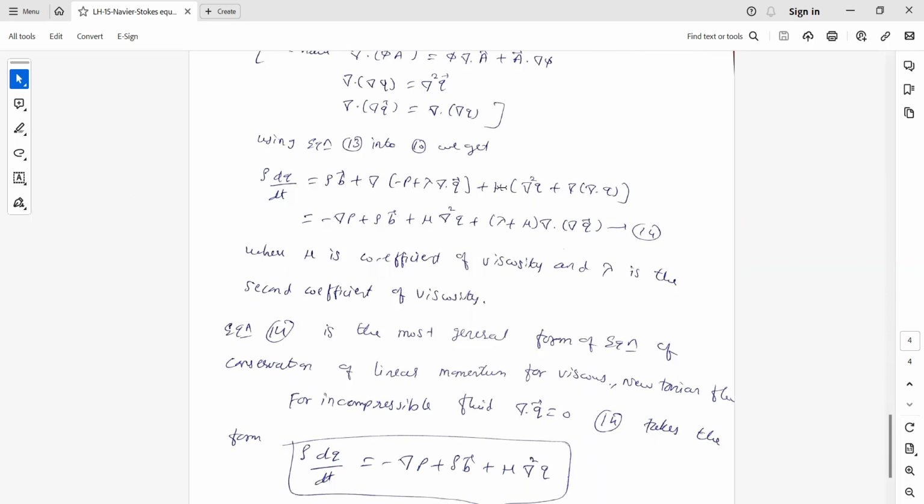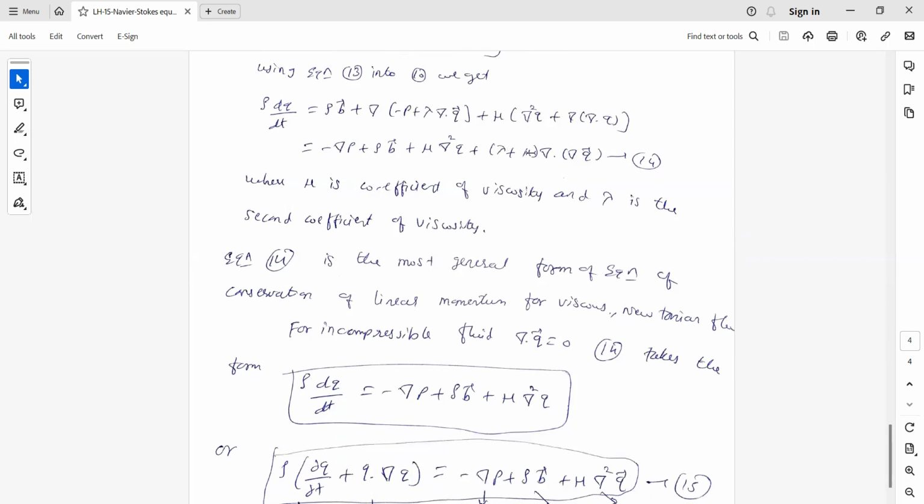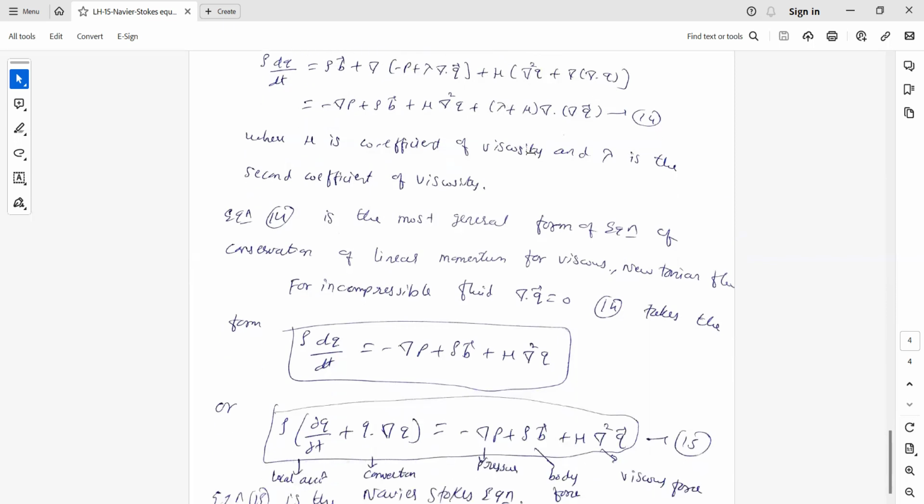Now we arrange the terms so that the pressure term is written first, the body force second, the viscous force third, and the remaining term: lambda times grad of grad dot q and mu times grad of grad dot q, where grad of grad dot q is common. The leftover factor is lambda plus mu. Lambda and mu are the viscosity coefficients. This equation 14 is known as the general form of the equation of conservation of linear momentum for a viscous fluid.